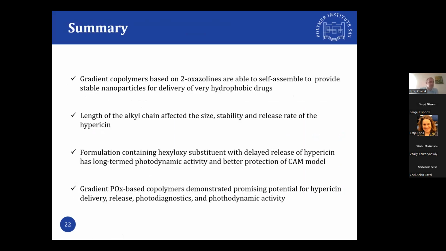At the end, I would like to summarize my talk, and I hope that I demonstrated that gradient copolymers are very effective materials, able to provide self-assembly and able to provide stable nanoparticles for delivery of very hydrophobic drugs.